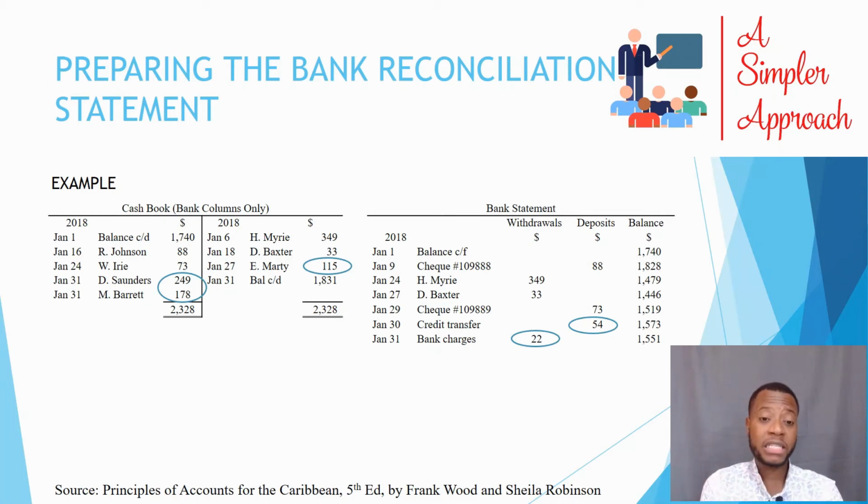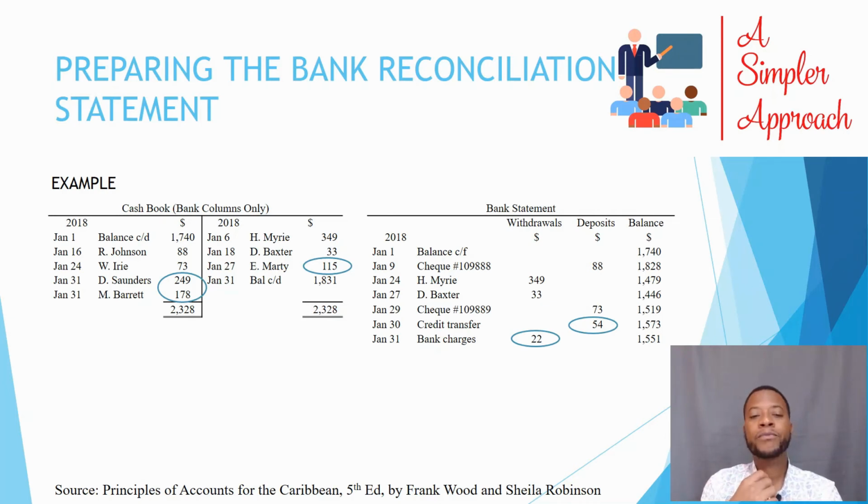Now, if E. Marty is the unpresented check, then it means Saunders and Barrett must be the late lodgement. Okay? And that is why in the beginning, when we were looking at terms to know, we looked at these things first, so that we are able to manipulate them and pick them out accordingly.